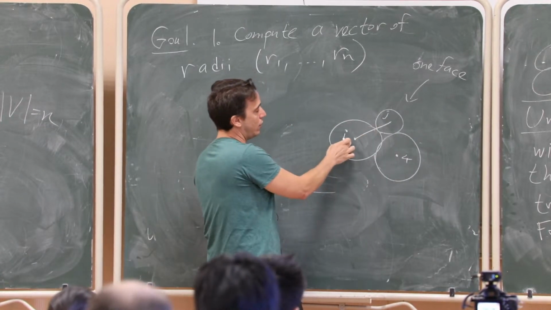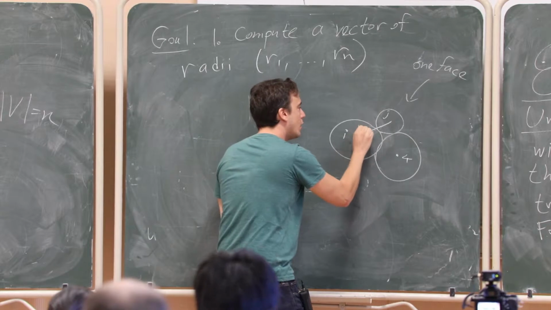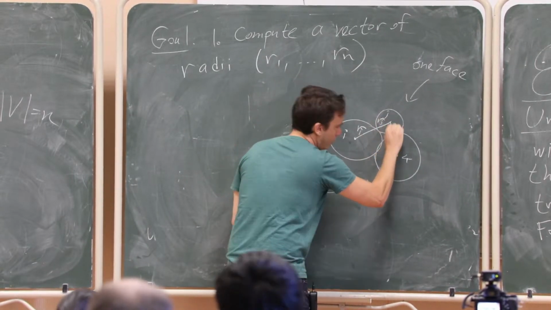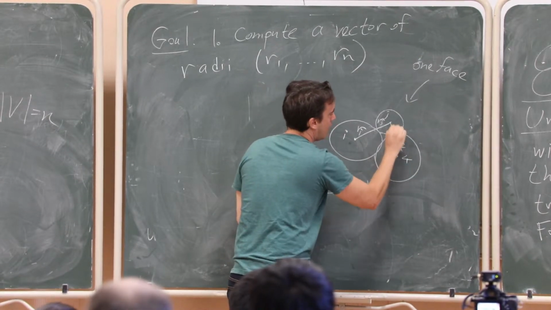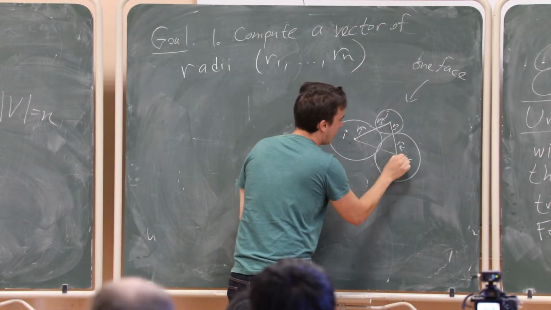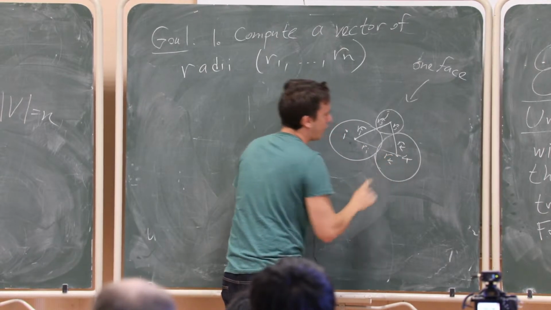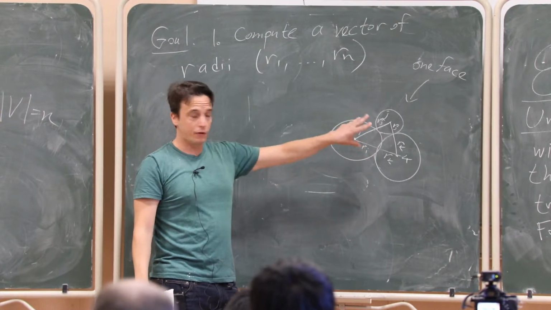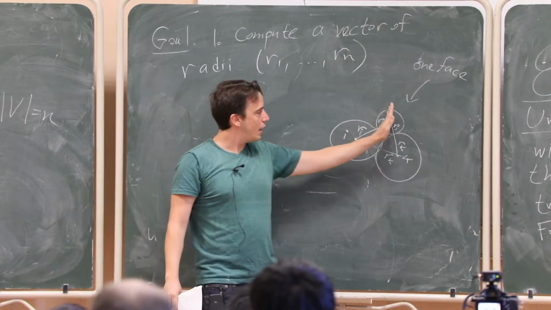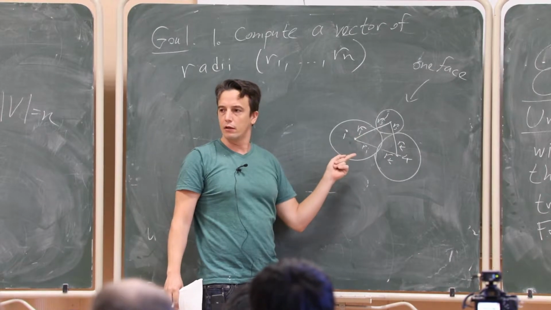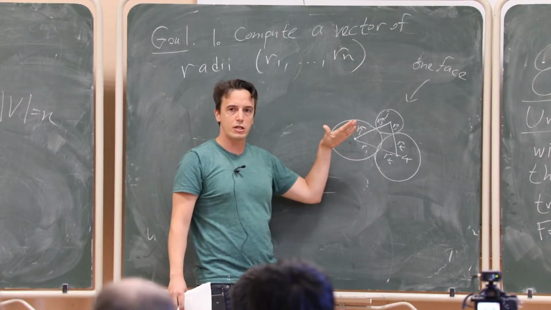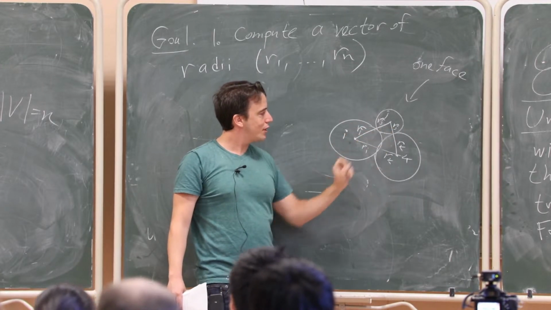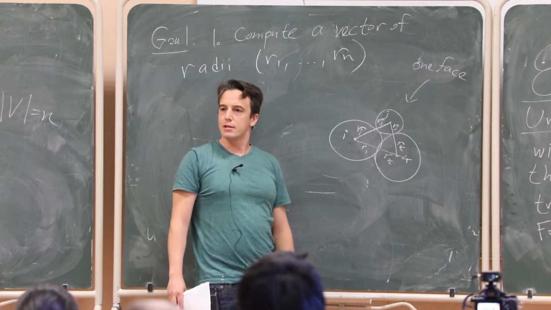This circle has radius ri, this circle has radius rj, and here we have rk. So if we have good radii for a particular face, then these 3 numbers form a triangle whose edge lengths are precisely ri plus rj, rj plus rk, and ri plus rk.